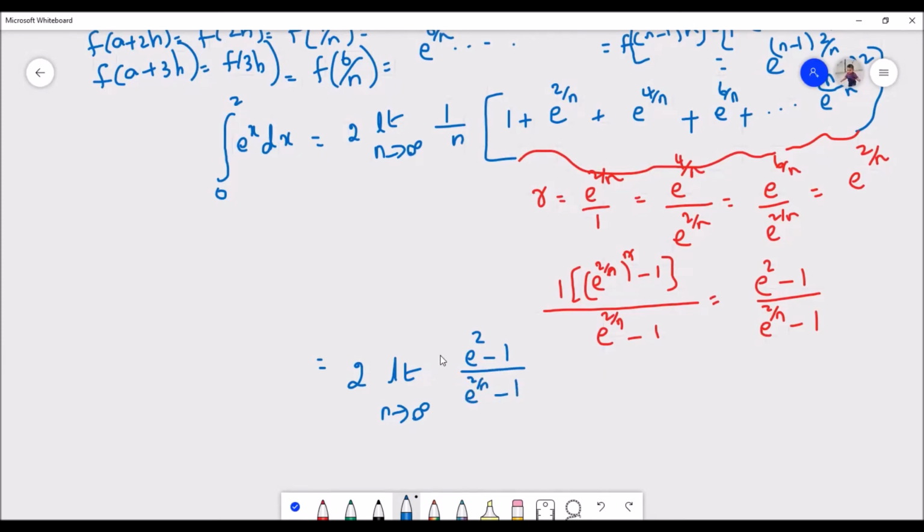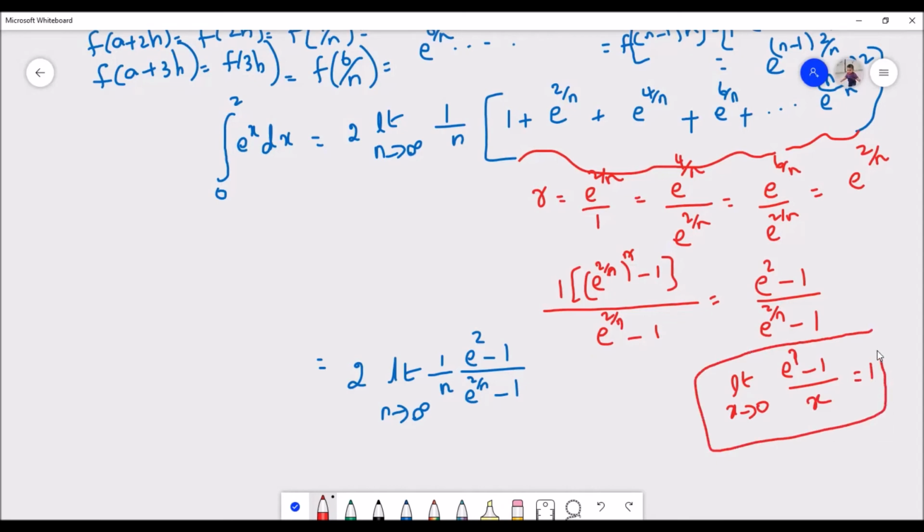Here 1 by n is there. So I'm trying to bring it to the standard limit formula. Let me write the formula: limit x approaching 0 of e power x minus 1 divided by x is 1. This is a formula we have.